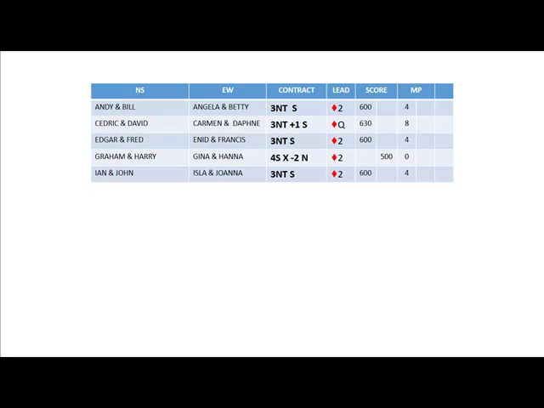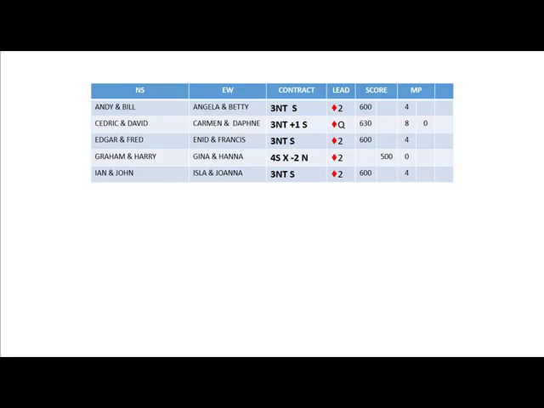So Carmen and Daphne got minus 630, which was worse than all the other East-West pairs. Angela and Betty, they lost 600, but that's not as bad as losing 630. So I'm afraid Carmen and Daphne did worse than everybody else, and they're going to get 0 points.